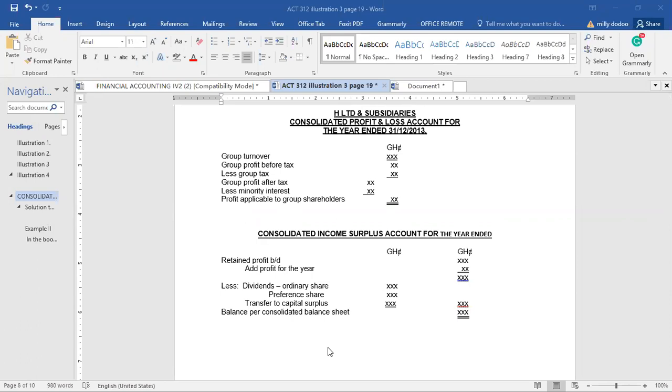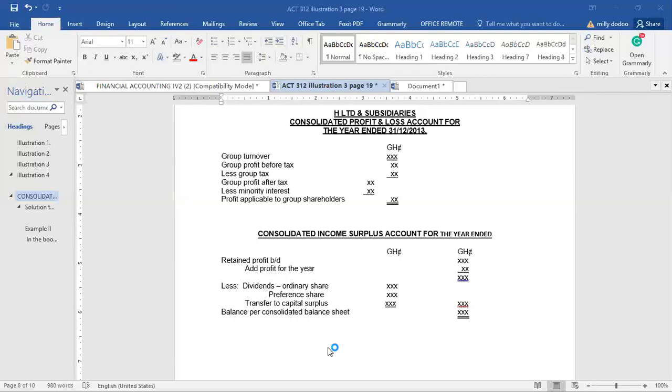There are certain things you should be able to take note of when it comes to the profit and loss account. When we were dealing with the balance sheet, we came across dividends, and then we came across what?